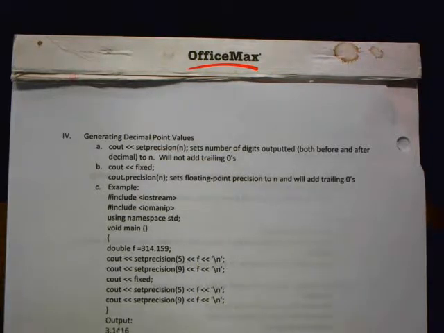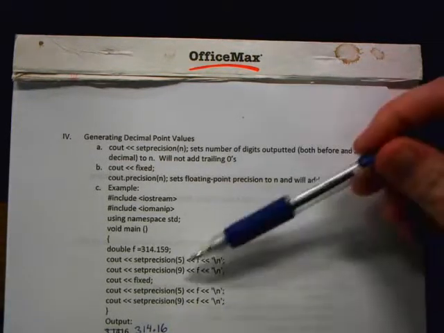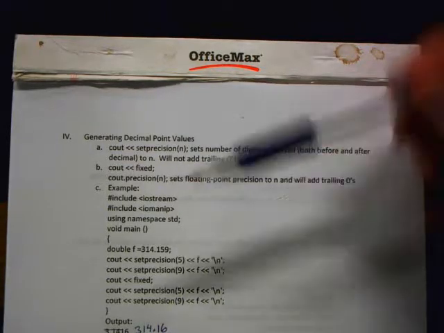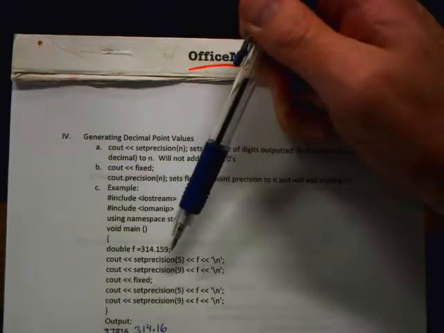So that's going to print 314.16. It's going to print 5 digits starting at the beginning: 1, 2, 3, 4, 5, and then it rounds off.